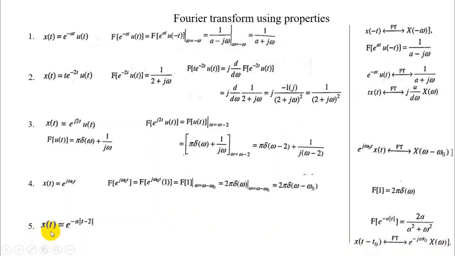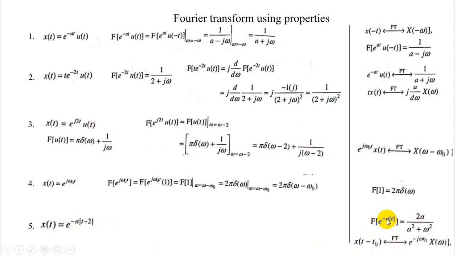So in this case we need the Fourier transform of e to the power minus a|t|, because we need to transform e to the power minus |t minus 2| with the help of these properties.